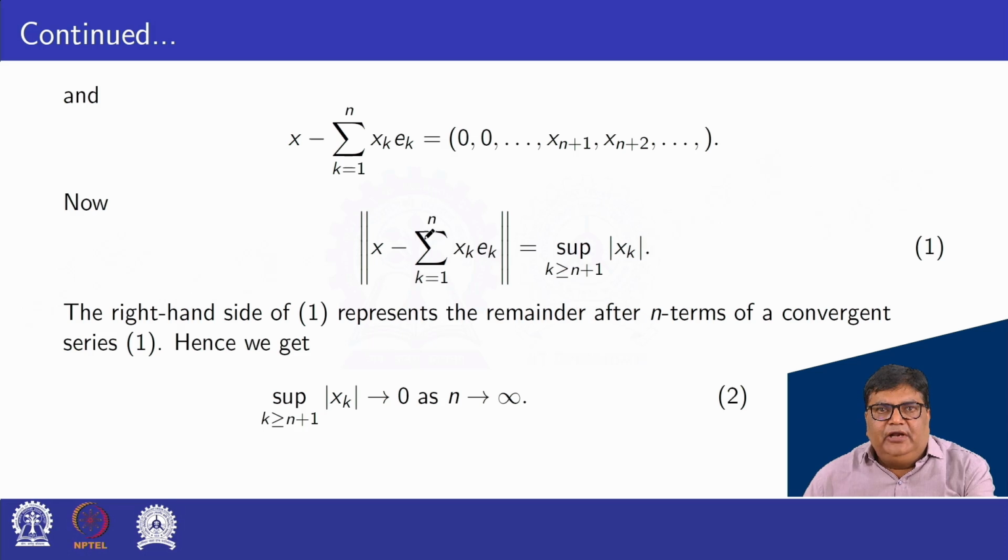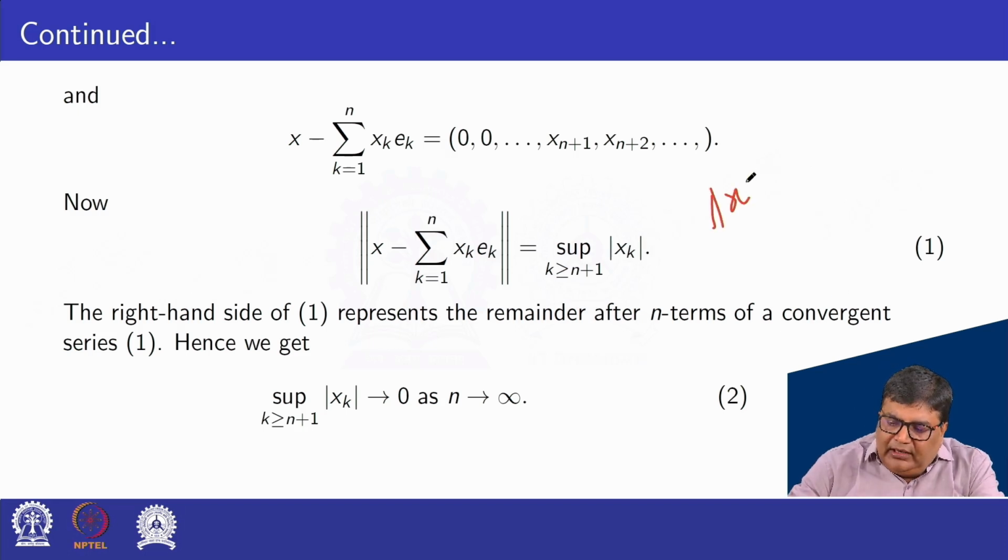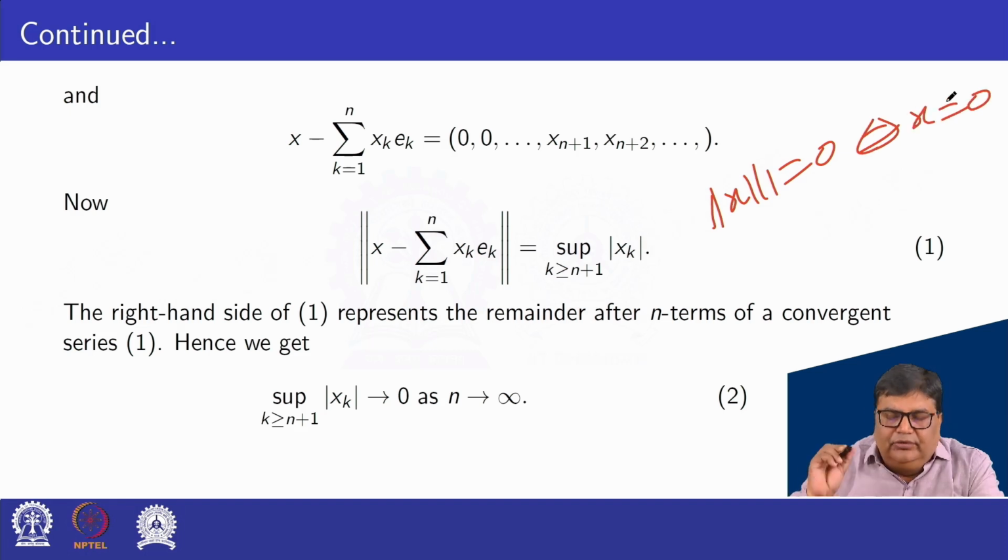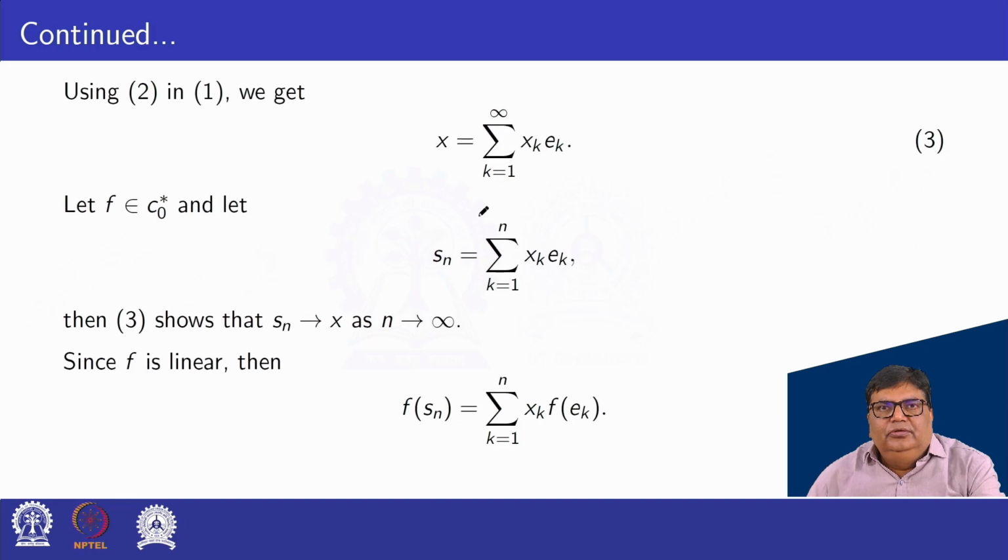We know that norm x equals 0 if and only if x is equal to 0. Applying this property, that is, this quantity equals 0, that is, x equals summation k equals 1 to infinity xk ek. Equation 3.